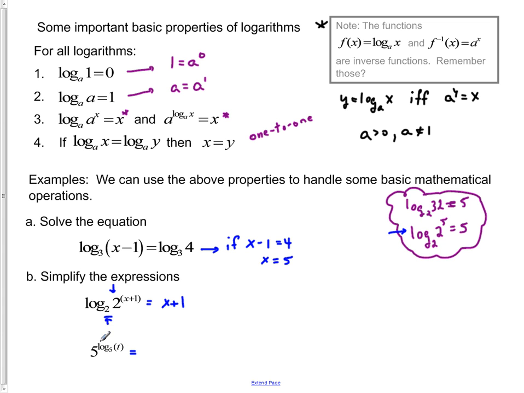And if I take that exponent and raise 5 to it, I'm going to get t. As a result, they undo one another. And so in this case, we can use these one-to-one properties and these other properties to help us discover more about these particular logarithmic functions. Okay, more to come.